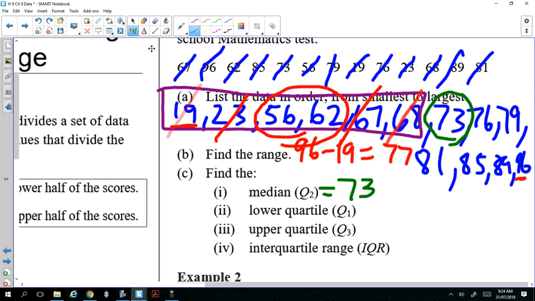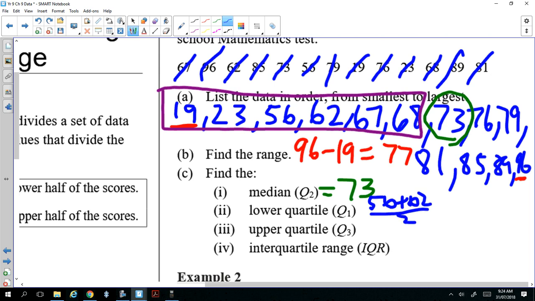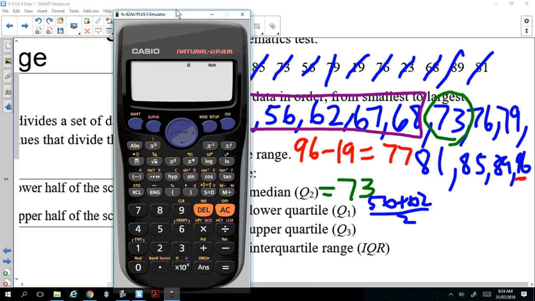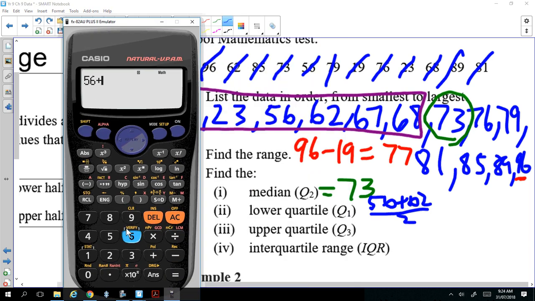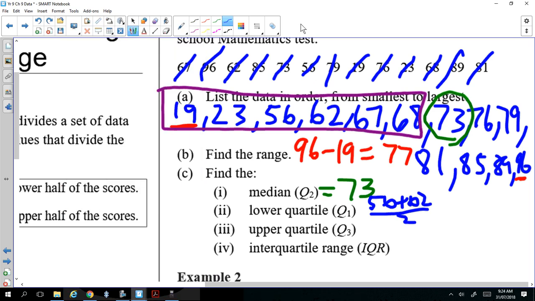So you go 56 plus 62 divided by 2. You can do that on a calculator. So 56 plus 62, but you have to divide by 2. 59 is the lower quartile.